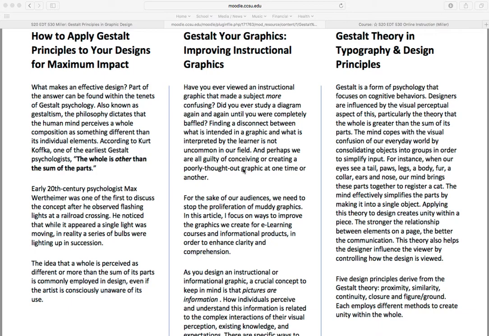And if attention isn't paid on our end to how that whole is structured, that can get in the way of a student being able to get the information that they need.